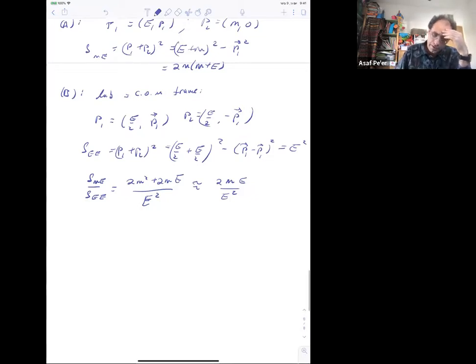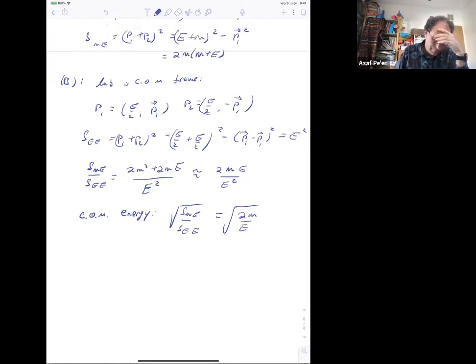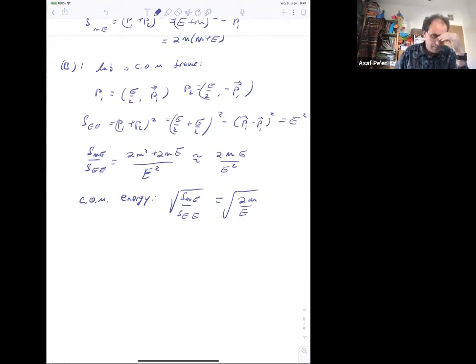And taking the square root to get the available center of mass energy, the ratio is just the square root of 2M over E. So the collider experiment can gain us a huge factor of energy, the square root of E over M. That's what makes them much more preferable.